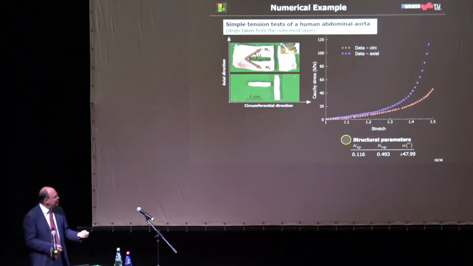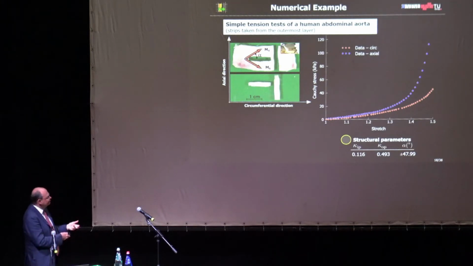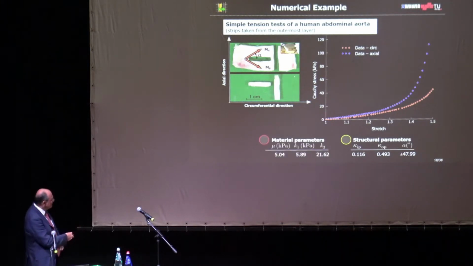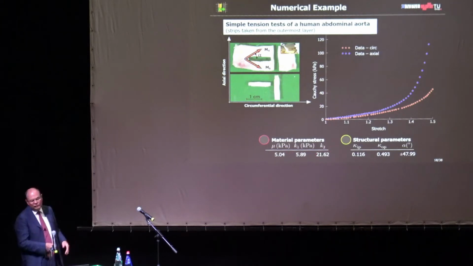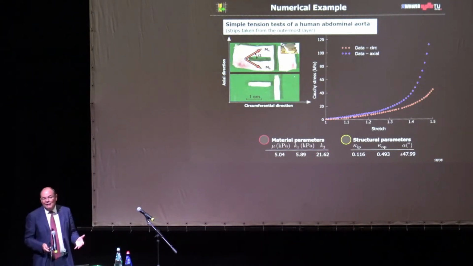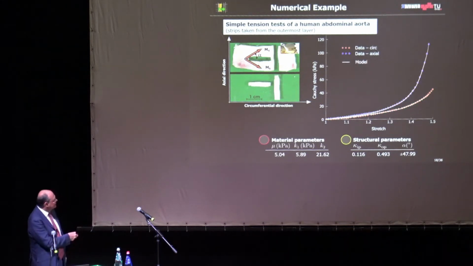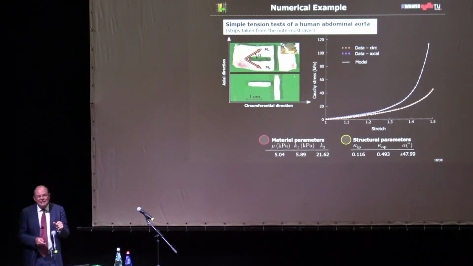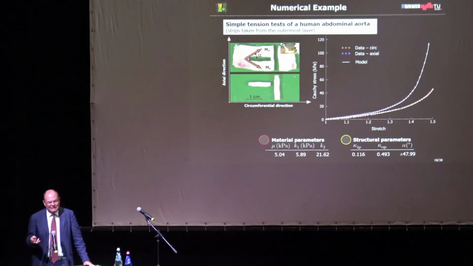So this comes from the imaging. And then we have done the fitting based on the mechanical tests, and then we got the mu parameter for the neo-Hookean material, and the K1 and K2 for the exponential function. This comes from the mechanics, completely separate, and when we do the fit, this model gives a perfect fit. So this is nice. We can really visualize now in these days, and that was not possible 10 years ago, and extract the microstructure and put it in the model.